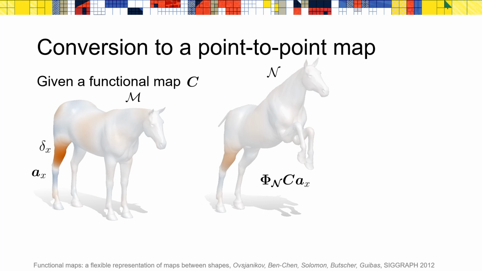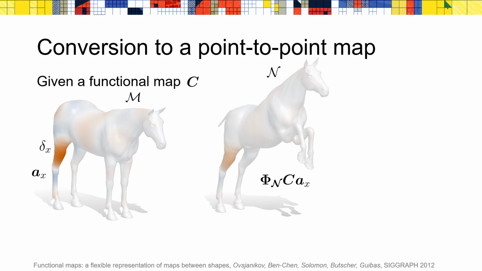So once we have estimated the map C, how can we recover the point-to-point map between the two shapes? We can consider a delta function defined on the shape M, and in this case the delta function is represented by delta x, and we can compute its coefficients in the Fourier basis.